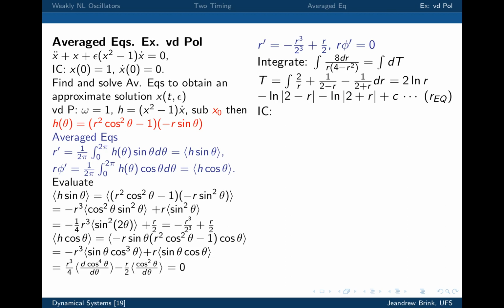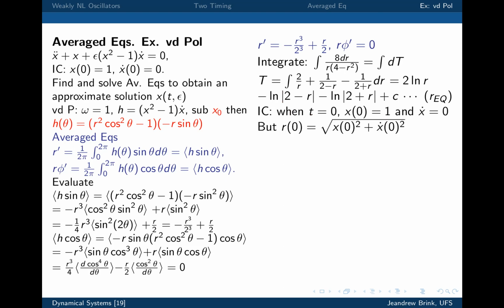Give me 2 minutes and I can finish it. So you've got this relationship of r implicitly in terms of your slow time. You now need your initial conditions: when t equals 0, x equals 1, and x dot equals 0.